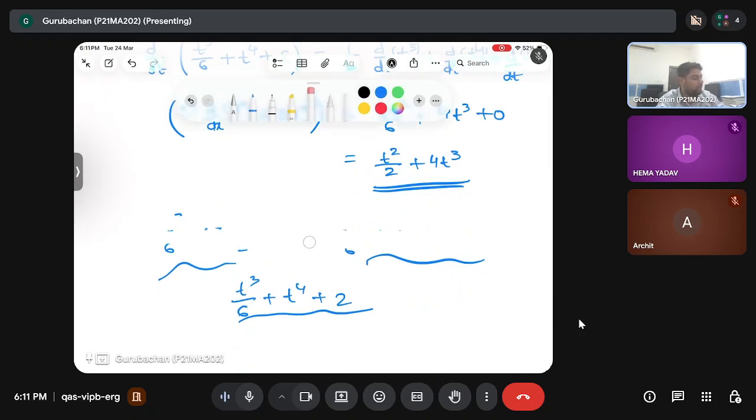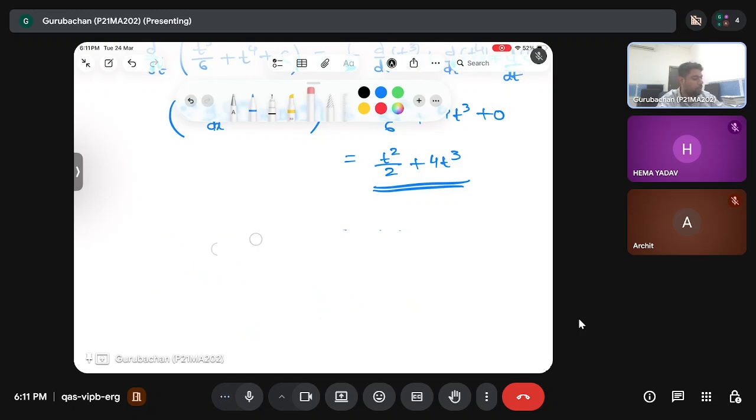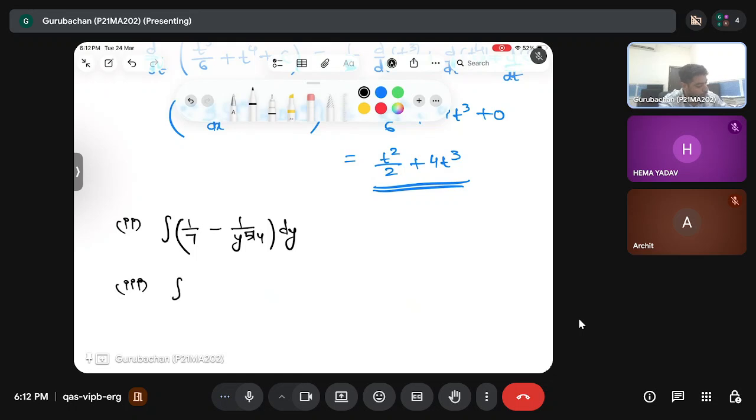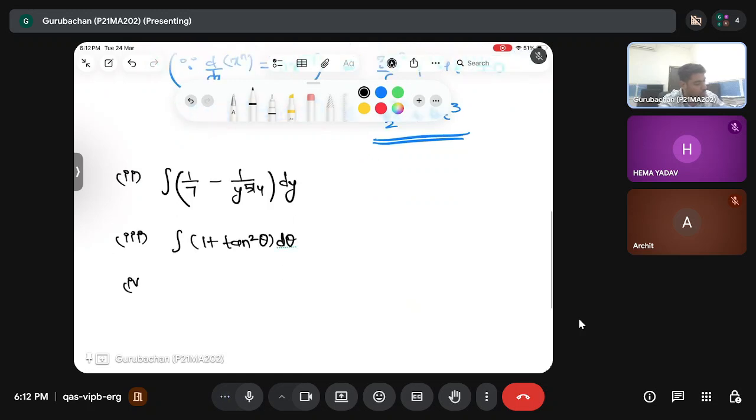Okay, then let me give some more integrals. The second one is the integral of 1 by 7 minus 1 by y to the power 5, dy. The third one is 1 plus tan square theta. The fourth one is sine theta.